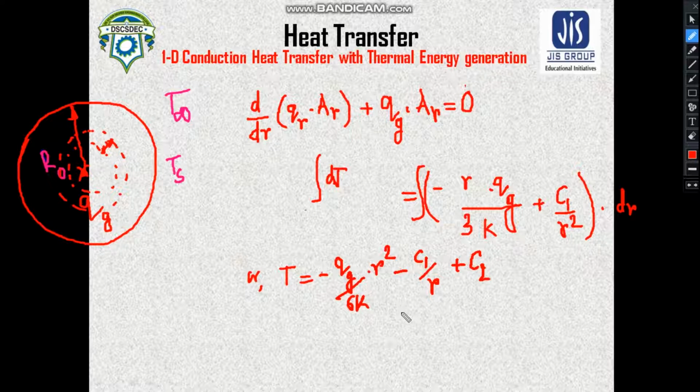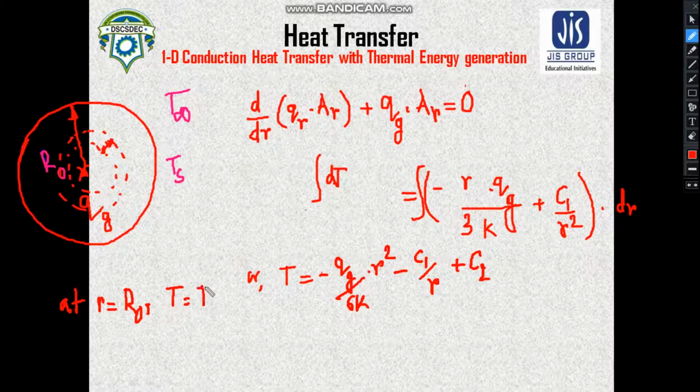Now again, we'll be trying to define this equation with the help of the boundary conditions which are available to us. Okay, the very simple boundary condition which is easily identifiable is that at r equal to r0, that means when the radius is r0, the surface temperature of the sphere is maintained at Ts.